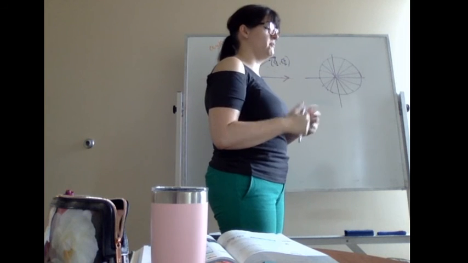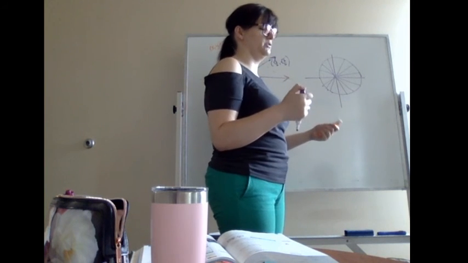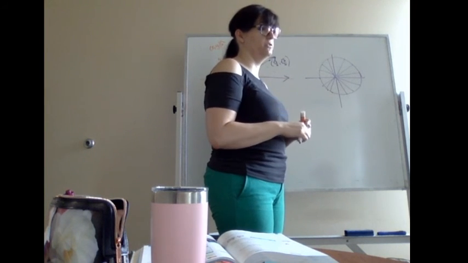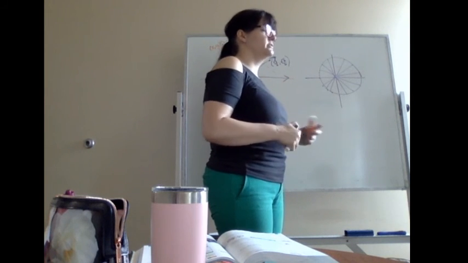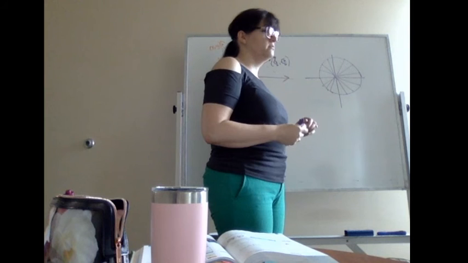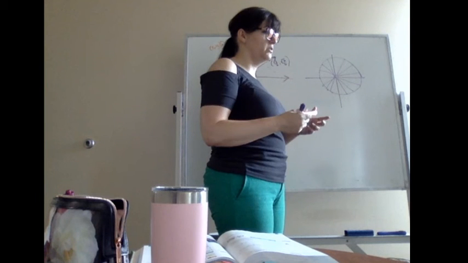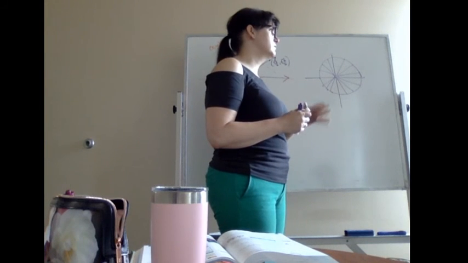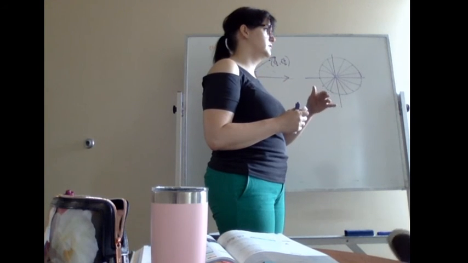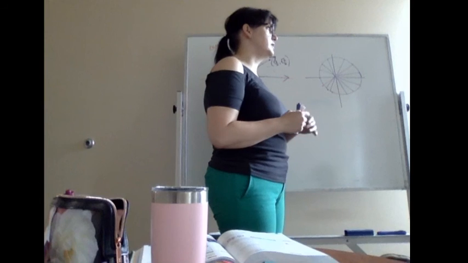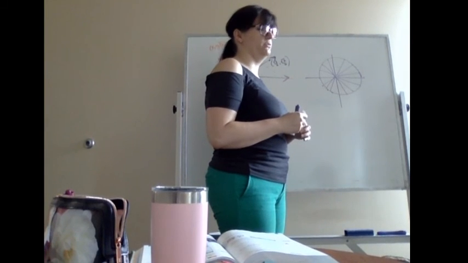So if you memorize it, like I was referencing on Monday, it is very helpful once you get up to calculus. Like I know offhand, the sine of 5 pi over 3 is going to be negative rad 3 over 2.